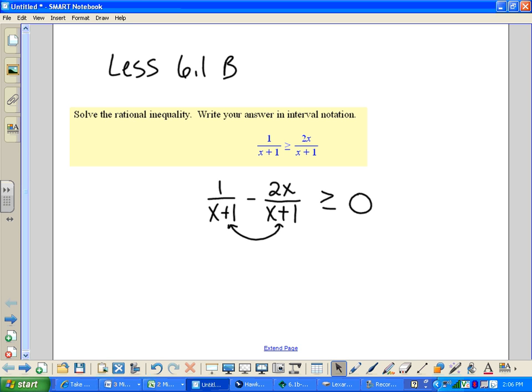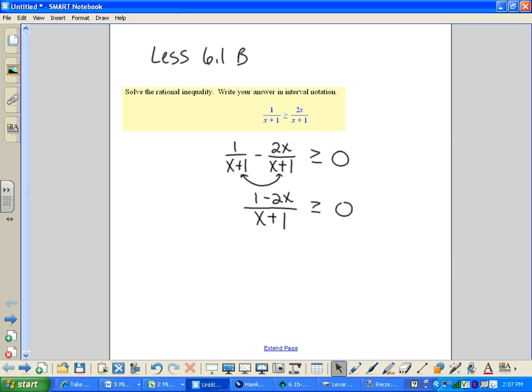If I didn't have a common denominator, what I would have to do is find it so I could combine those two fractions. But since I have a common denominator right there, and my common denominator is x plus 1, on the numerator, this is going to give me 1 minus 2x. Okay, so I set it sort of equal to 0, and then combine it as one fraction.